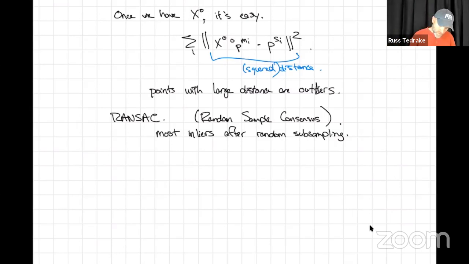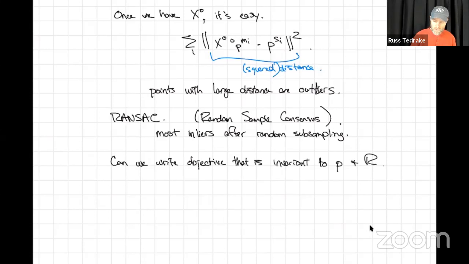Can we write an objective that is invariant to pose, to translations and rotations? The trick to being invariant to positions was to do the relative positions. The trick to being invariant to both of them is you write the pairwise distances.